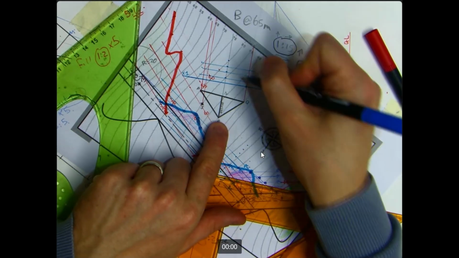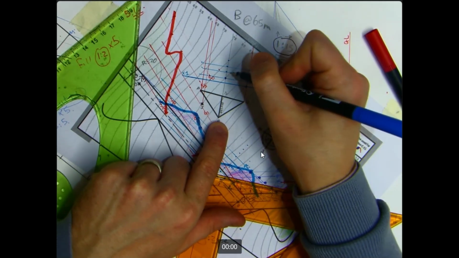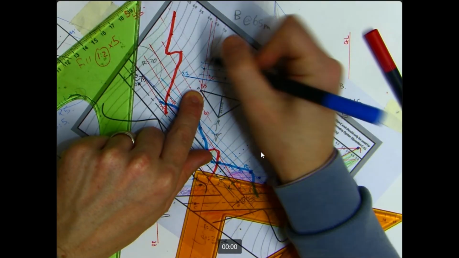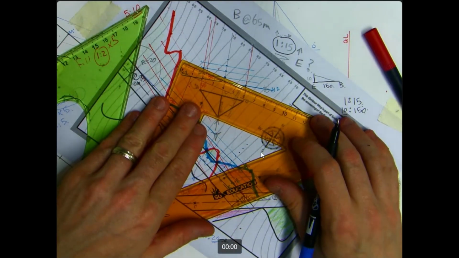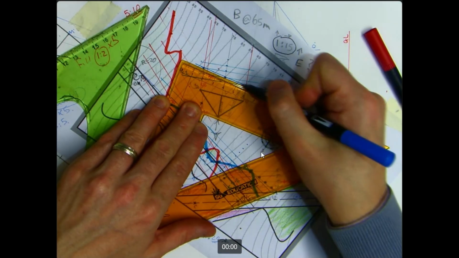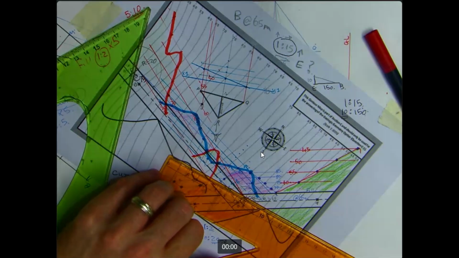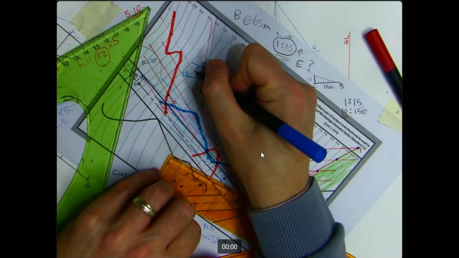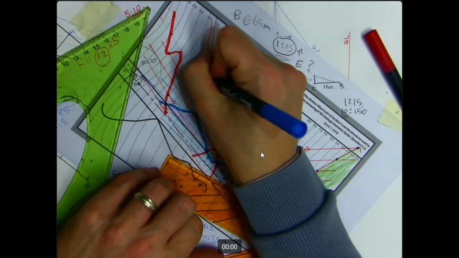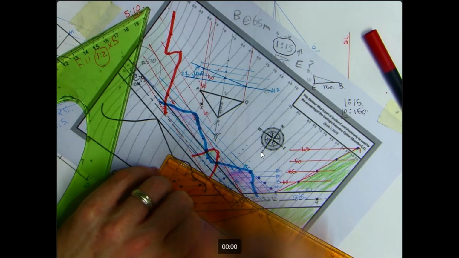R is 75, which is here. And P is 80, which is here. That should end up as an angled line, shouldn't it? That angled line, if I identify it by putting it in like this, is the dip.